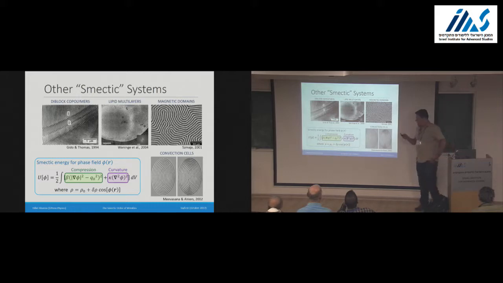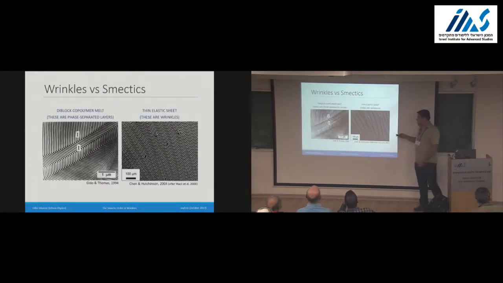And now I want to convince you that the same thing exists in wrinkles, and this helps us explain some of the characteristics that we see in wrinkled patterns. So this is the diblock picture I showed in the previous slide. Again, this is liquid. Okay, there is nothing solid here. There is no G-bar.